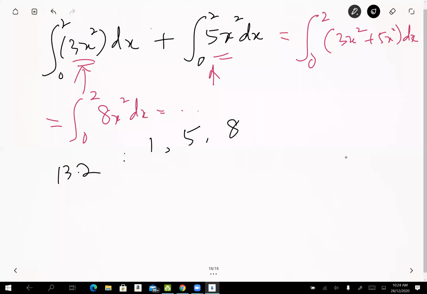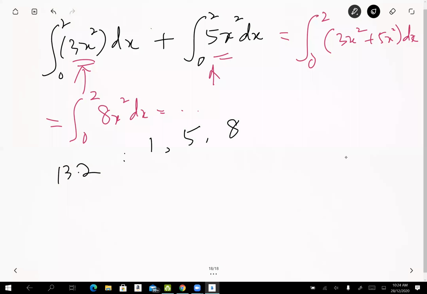This part is not that long. It's fairly short. So now let's go to 13.3. Now 13.3 is about the area between 2 curves or 2 functions. So it is the application of what we have done earlier in 13.1 and 13.2 from the concept of the definite integral, which is the area.